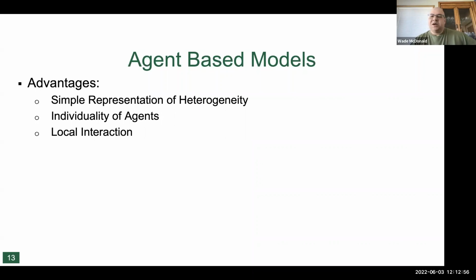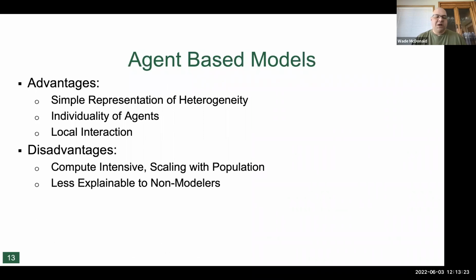The individuality of agents allows us to consider specific subpopulations or individual trajectories. And the local interaction allows us to examine things like network effects and other behaviors specific to the individual.